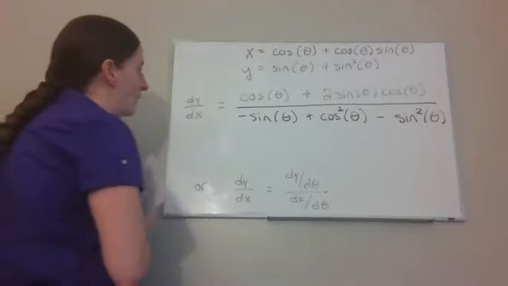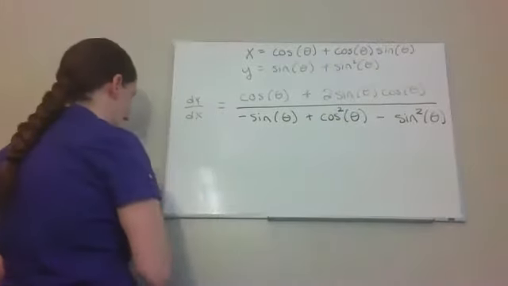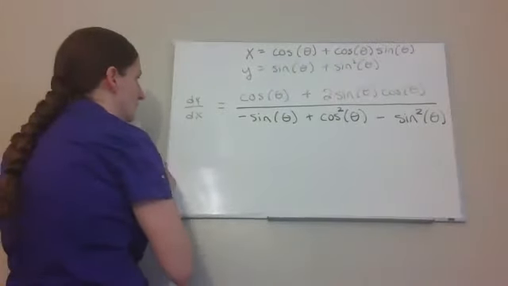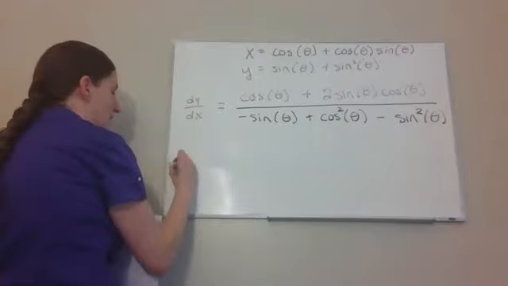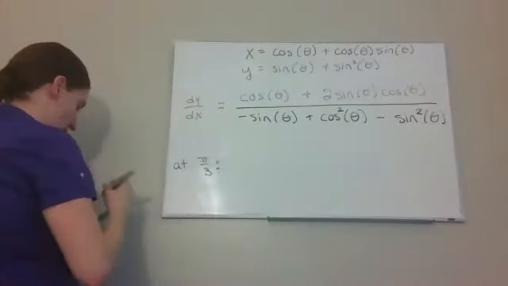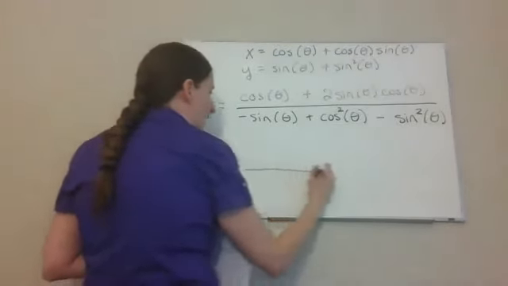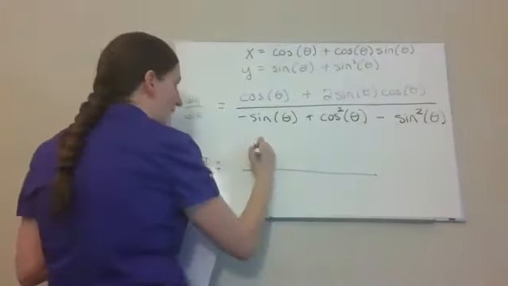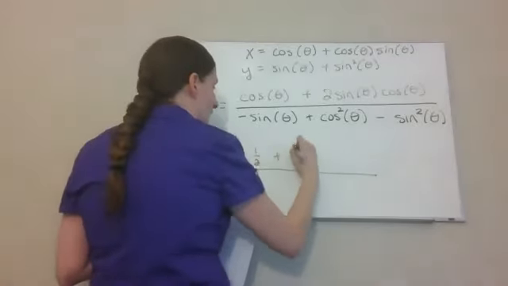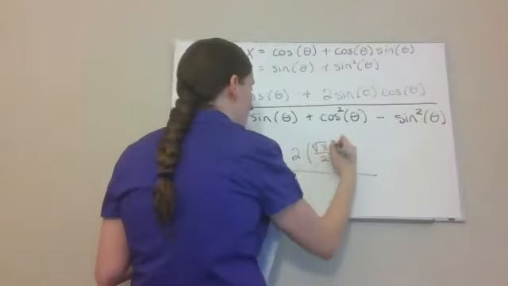And now at my pi over 3, I would just have to plug in pi over 3 for all of these. Cosine of pi over 3 is 1/2. Sine of pi over 3 is square root of 3 over 2.